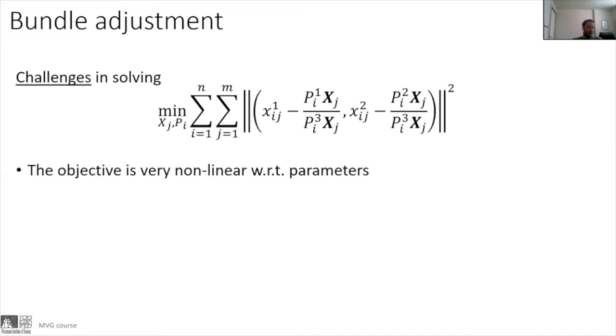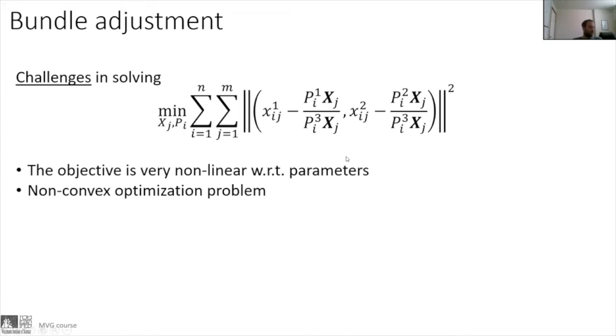We would prefer a linear objective inside the convex function, and then we have, as Meirav told you, a closed form solution for linear least squares. But this objective is not linear, and it's also not convex.